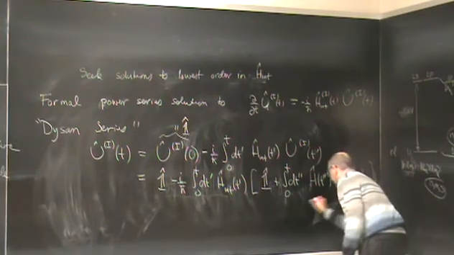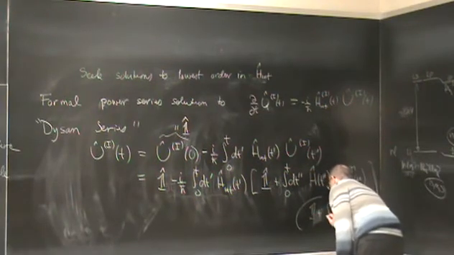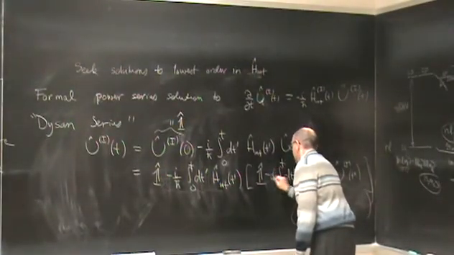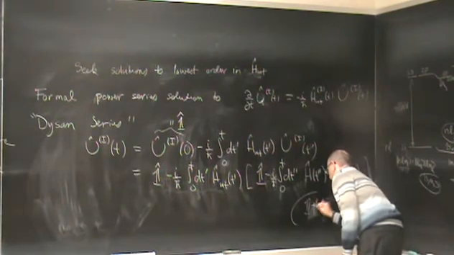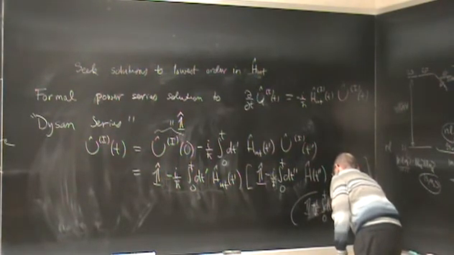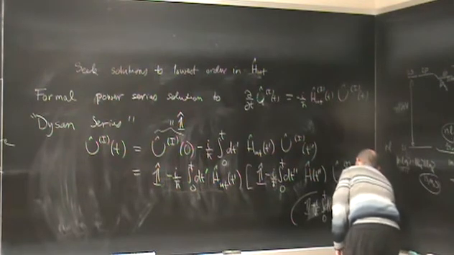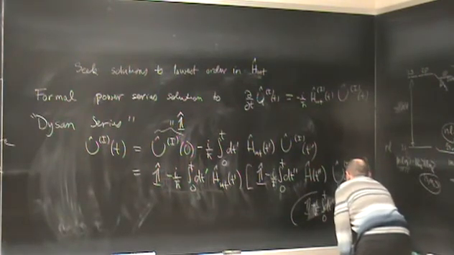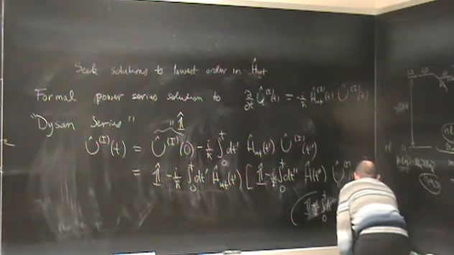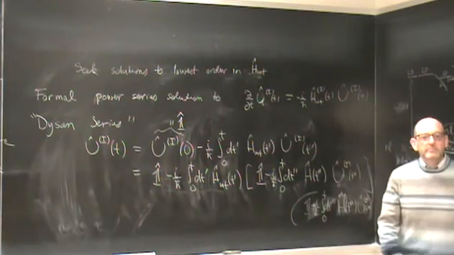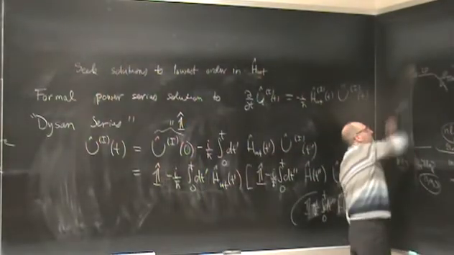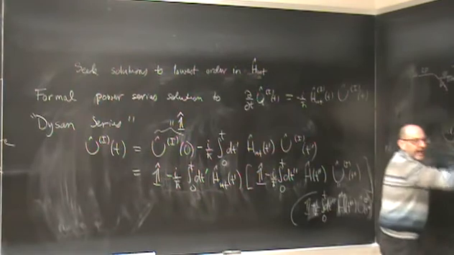This is plug in for that again. And that's 1 minus i over h bar integral 0 to t triple prime of H(t triple prime) u(t triple prime), etc. And what you see is I get a power series solution in multiple powers of the interaction Hamiltonian.